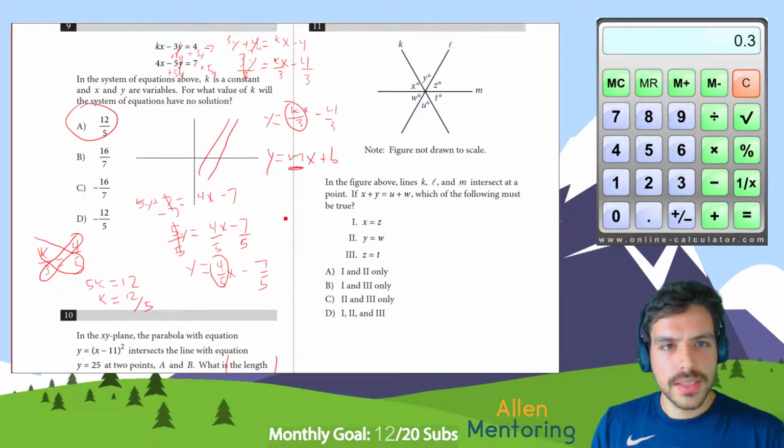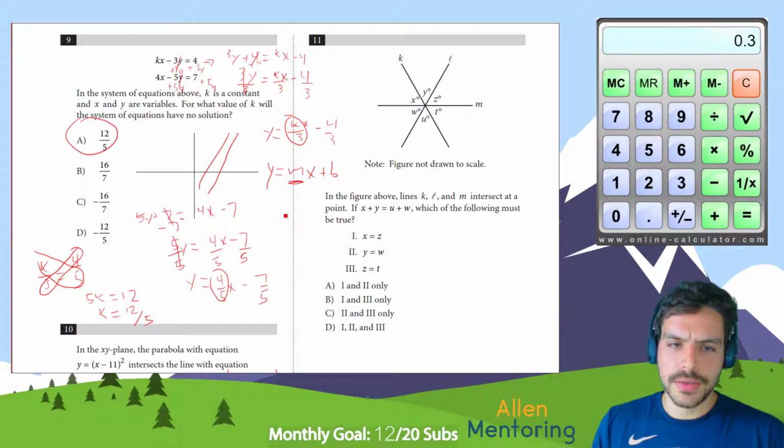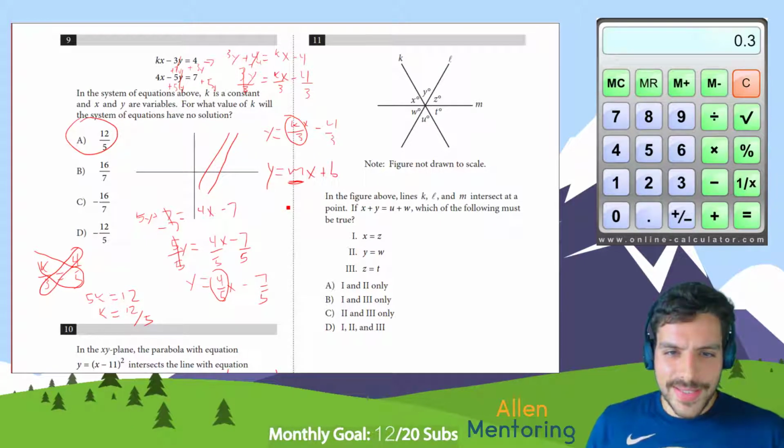Alrighty. Almost done with the multiple choice portion. In the figure above, lines K, L, and M intersect at a point.